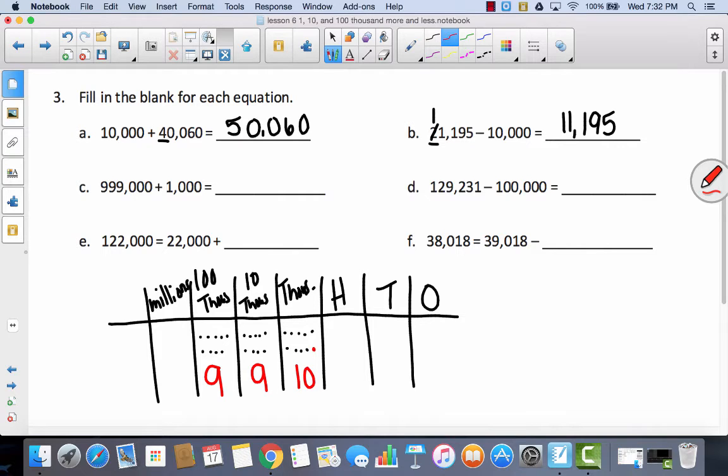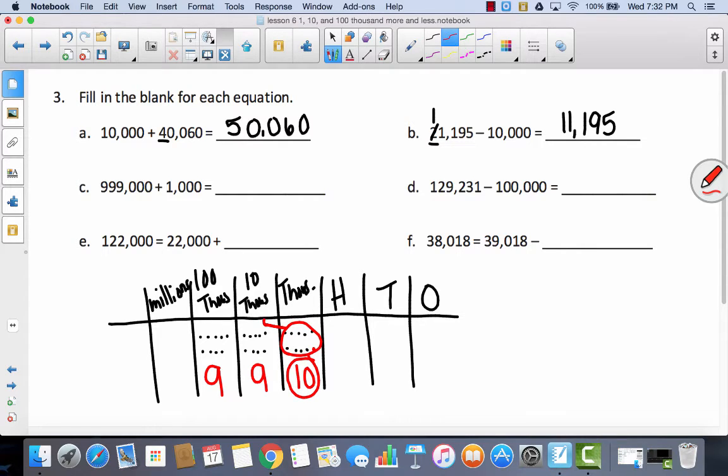So how would I read that number? 990 10. That doesn't sound right, does it? That doesn't sound right because it's not right. We shouldn't have 2 digits here. We learned from lesson 1 that when I have 10 in a place, I can bundle those 10 and move it to the left.